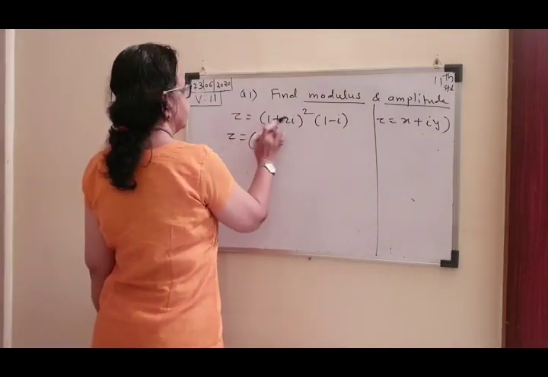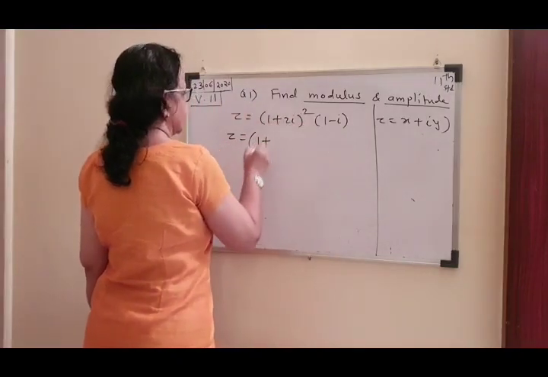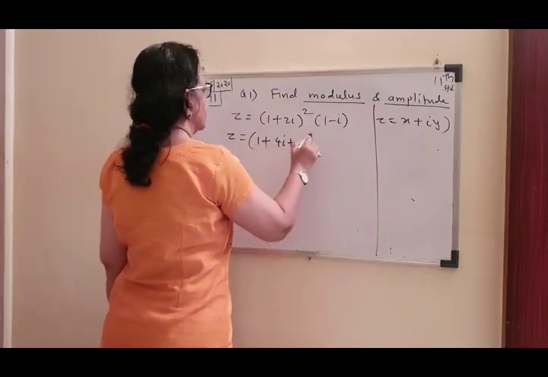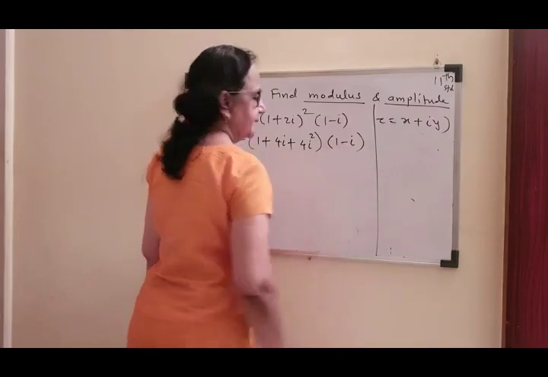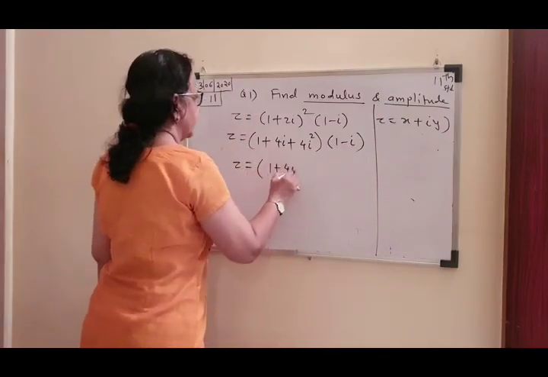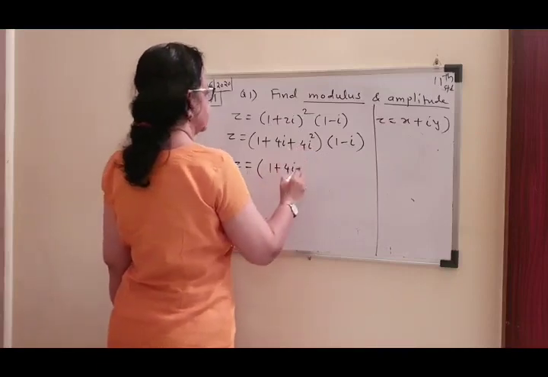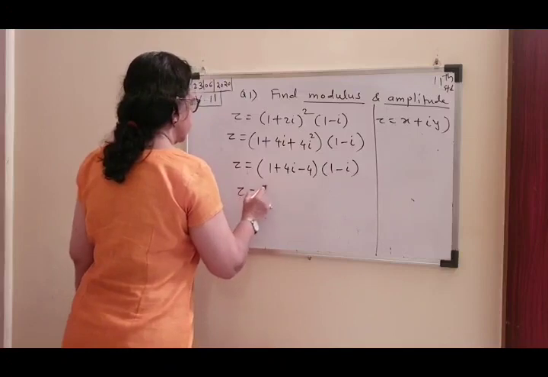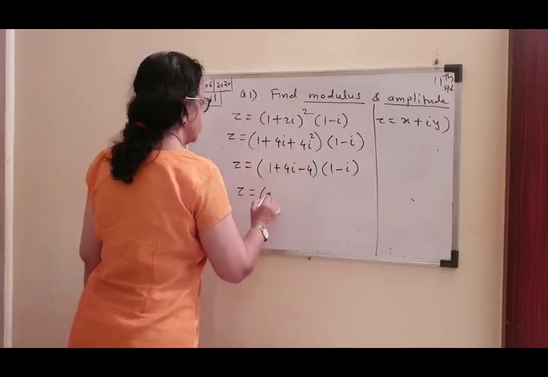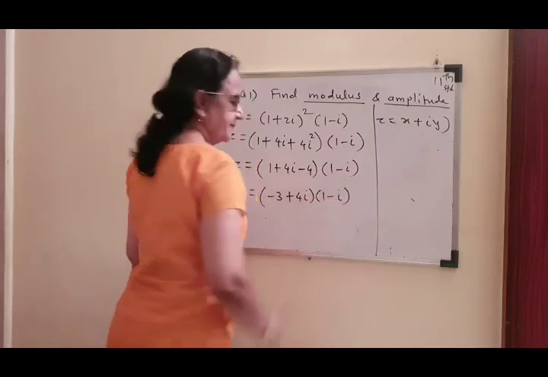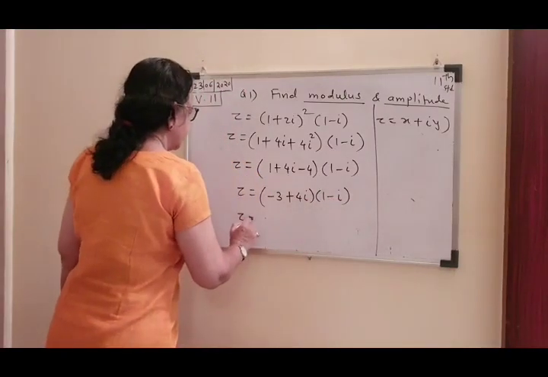Open out this bracket: (a plus b) whole square, a square, 2ab, that is 4i, b square, 4i square, into 1 minus i. So what will be z? 1 plus 4i, and minus 4 into 4 is minus 4, into 1 minus i. So what is z? Plus 1 and minus 4, minus 3 plus 4i, into 1 minus i. Open up term by term.